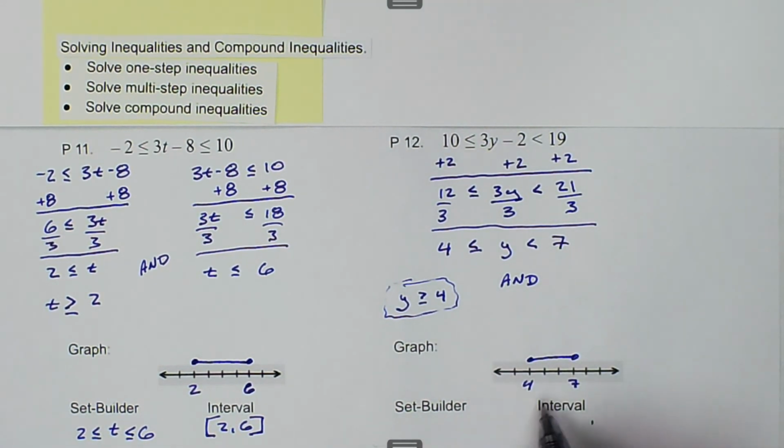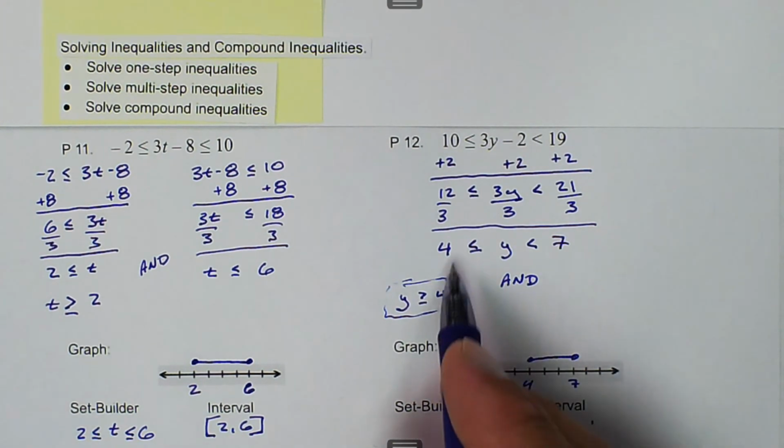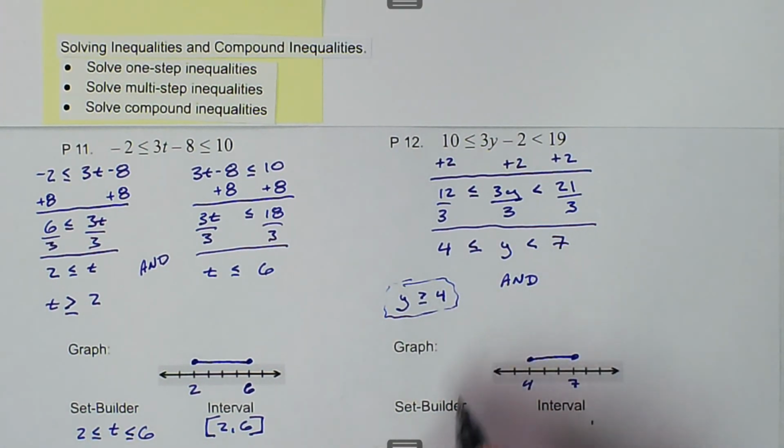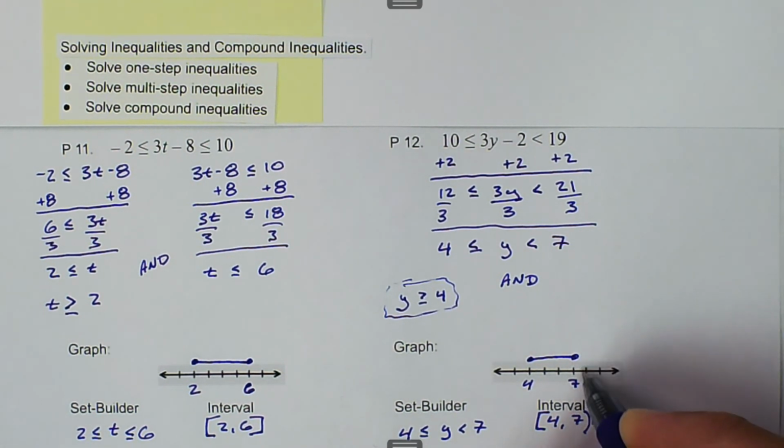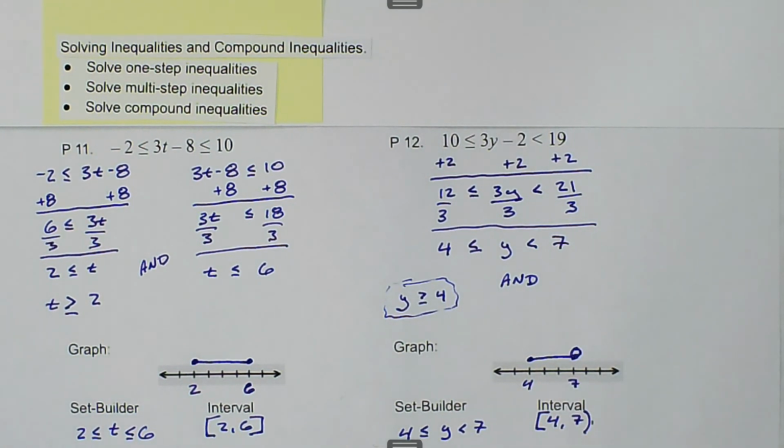In set builder notation, it's written just like this here. So we have 4 is less than or equal to y is less than 7. And in interval notation, we have 4 and 7. The 4 is included, and the 7 is not included. This dot doesn't look very big, so I'm going to draw it again just to exaggerate that it is definitely an open dot.